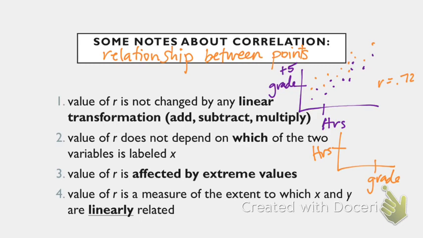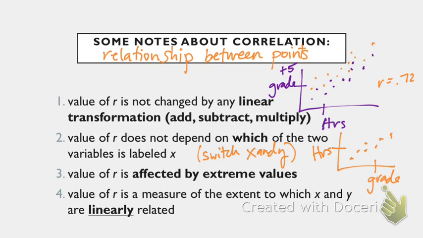If you switch X and Y, it wouldn't matter, because it's still the relationship between the points. If your grade is increasing, your hours are increasing. Still a positive relationship, just switching X and Y.